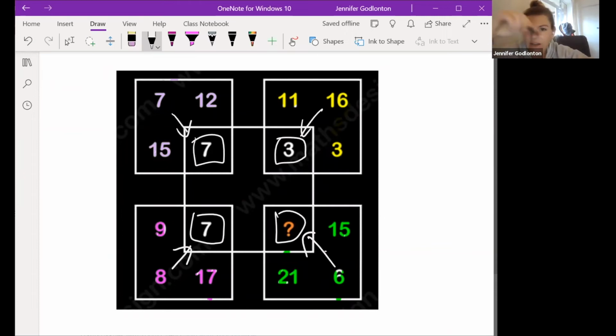So there isn't any relationship with that inside square. It is definitely not 3. Getting spammed with numbers.